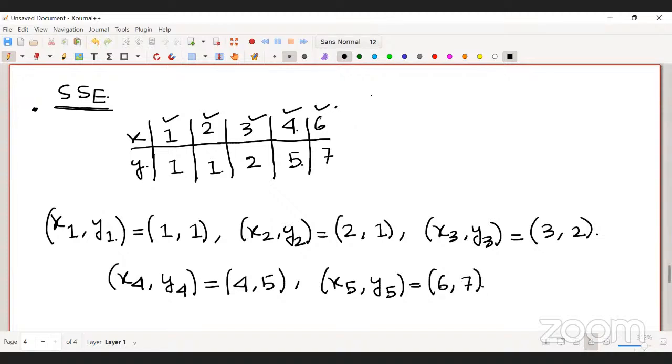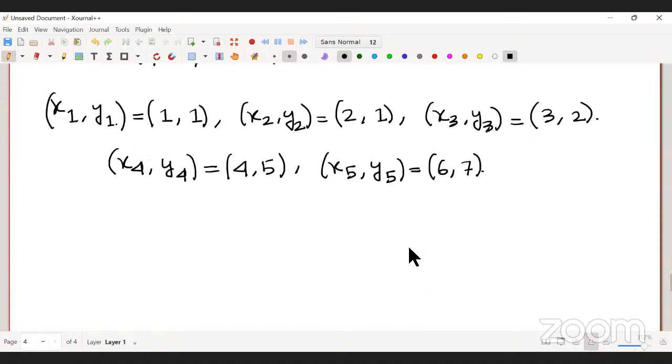Okay. So what is your function here? These are the data, and what you want to find is the SSE for the best line fit for this function. Your function is y equal to f of x, which is x plus 1.